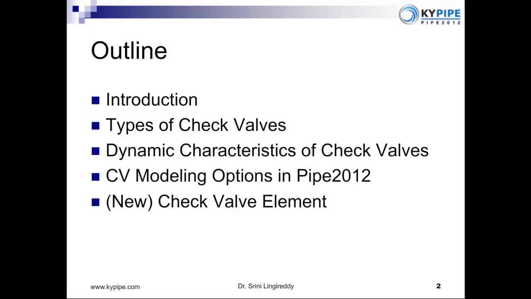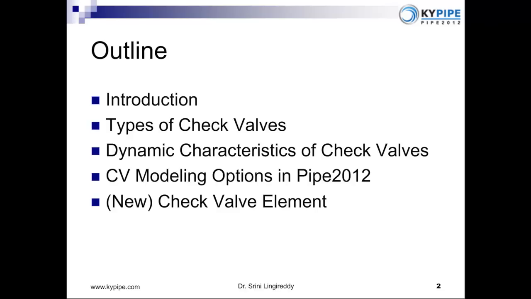This slide shows the outline we're going to talk about today. After the introduction, I will briefly discuss various types of check valves and their dynamic characteristics. This is the kind of information that you would get from some of the reputed manufacturers who have taken efforts to generate that non-dimensional characteristics data.